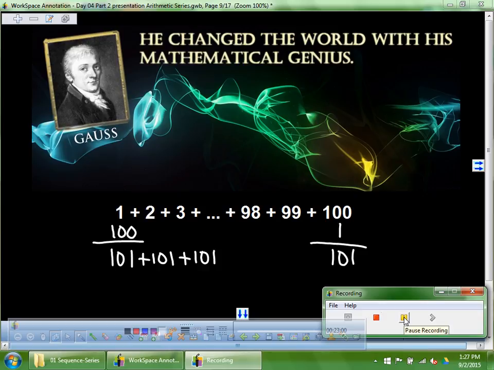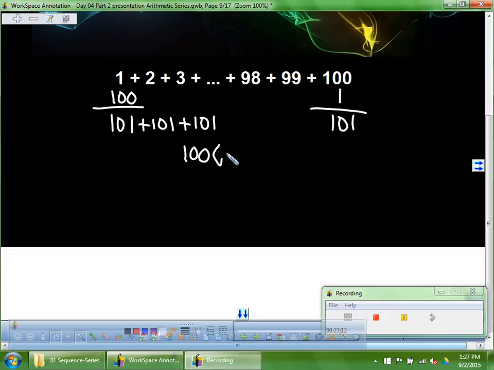Okay, recording. So if Gauss looked at this and said, okay, if I reverse it and put 100 over here and 1 over here, then I would have 100, 100, 101, but I'm going to need to divide by 2.